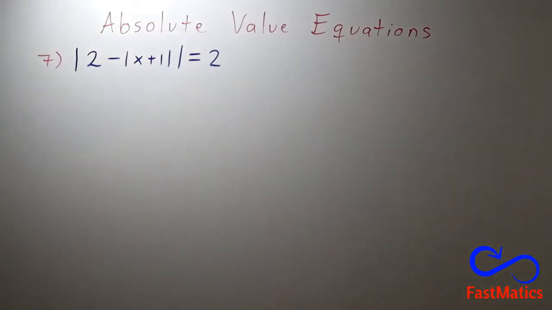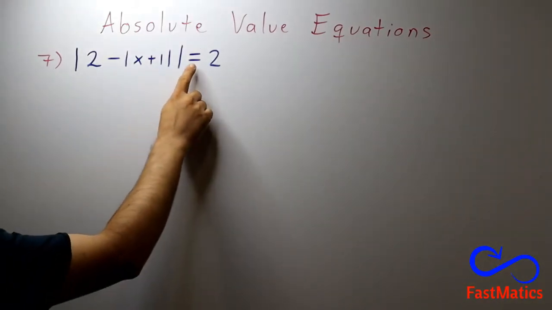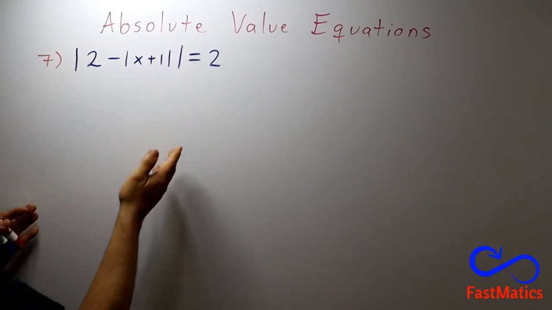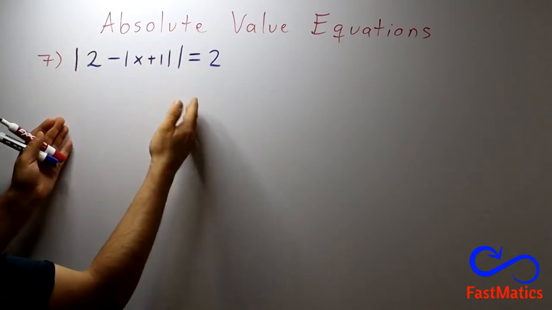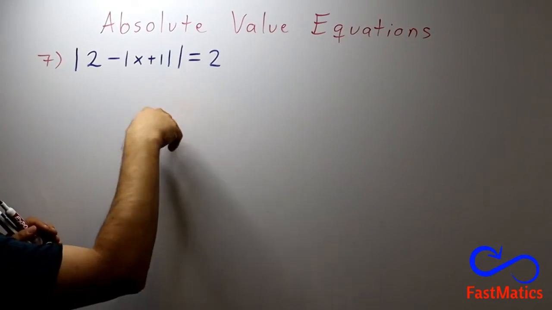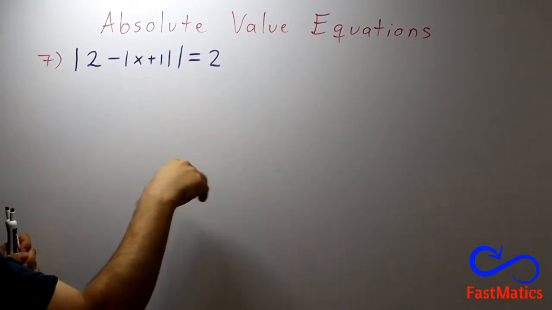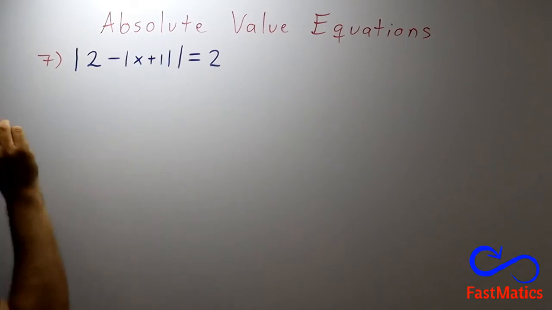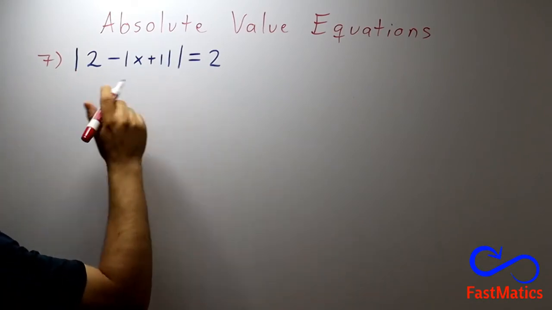Follow me please. First of all, we identify that we have an equation with absolute value. So we are going to isolate one absolute value on the left side and the other things on the right side. Okay, that's it. After that, remember, there are two possibilities.